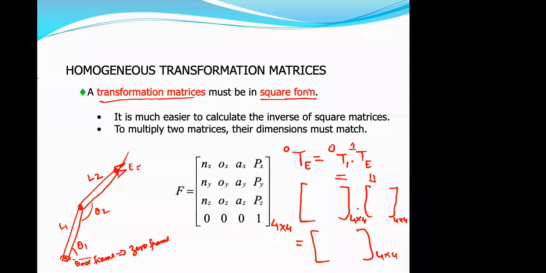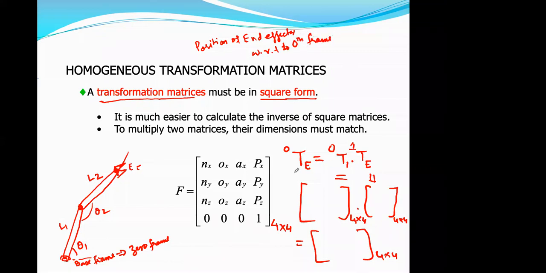So I think the idea is quite clear by these 2 diagrams. These diagrams are showing the position of the end effector. How can we represent it? This is TE with 0. So it is called the position of the end effector with respect to the 0th frame.